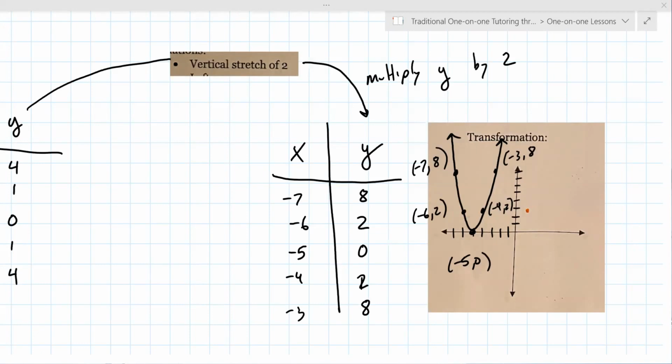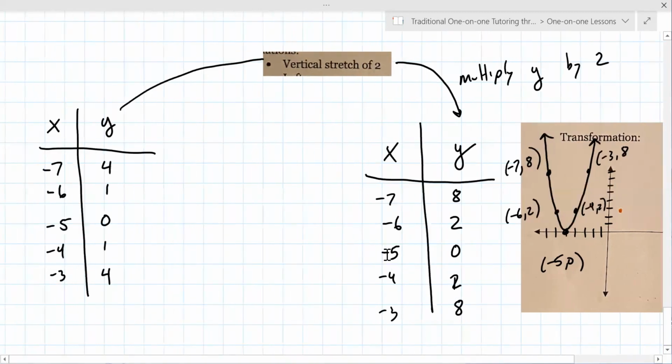Okay, so this is important for me just to be able to help you better. Do you have all this down? I have the plotting and the quadratic function at the top. Are you copying down the tables?